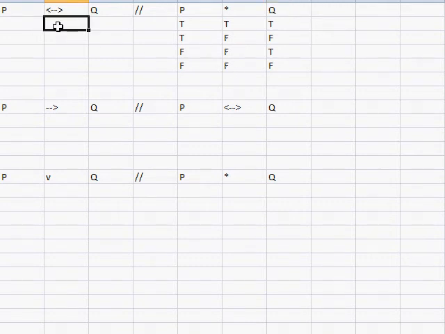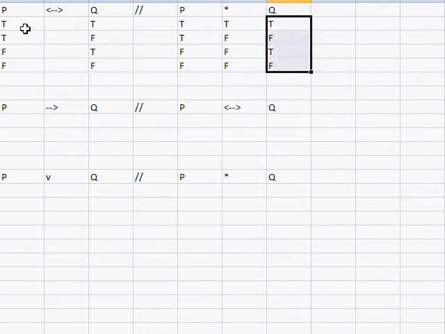Okay, so let's go to the material conditional. Again, we don't know what the truth value of the material conditional is for this premise, so we just have to outline all truth values too, which we already did right here. In the conclusion, true, true, false, false for P, and for Q, true, false, true, false, as we already did in the conclusion. Okay, so let's start giving its truth values.